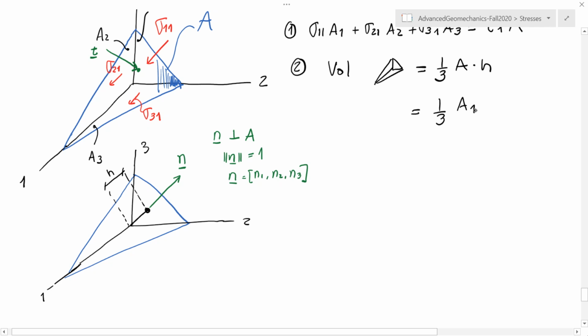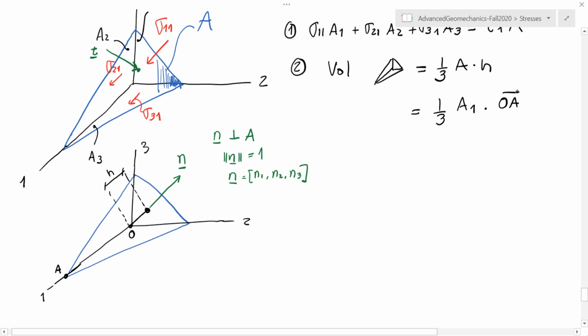And if I do that, notice that the height that applies, perpendicular to the area 1, which is this one here in the back, is going to be the distance between the origin of the coordinate system and this point A. So it's going to be times this length.